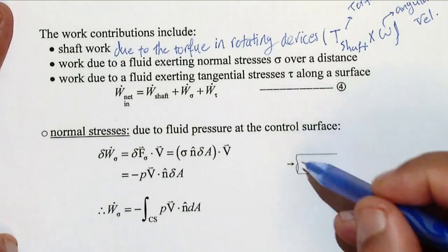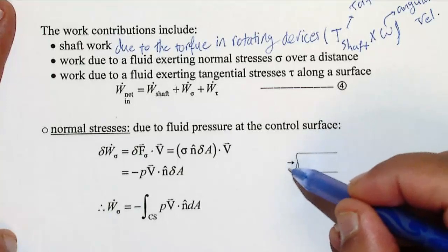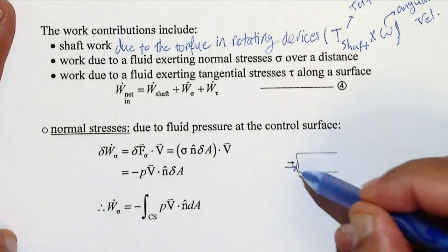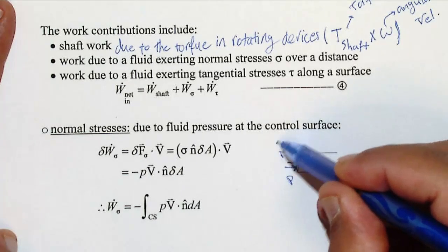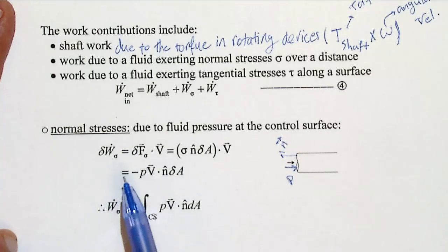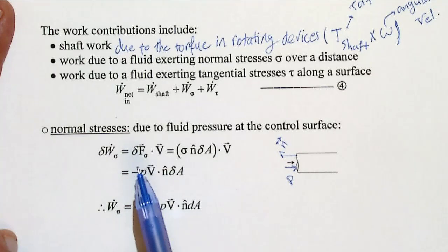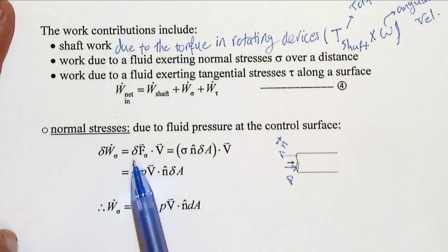For example, at the inlet, the flow comes in. You have a pressure here, and the normal direction is in this way. So the total work is going to be defined as force times velocity, and delta means a small amount of that.